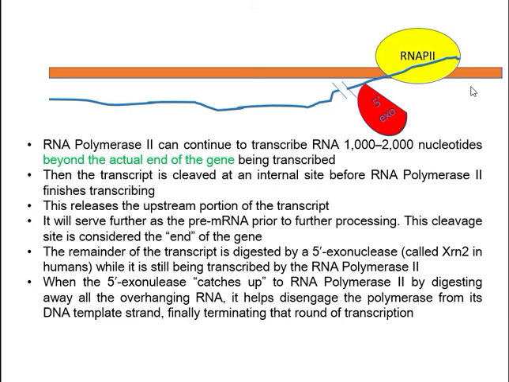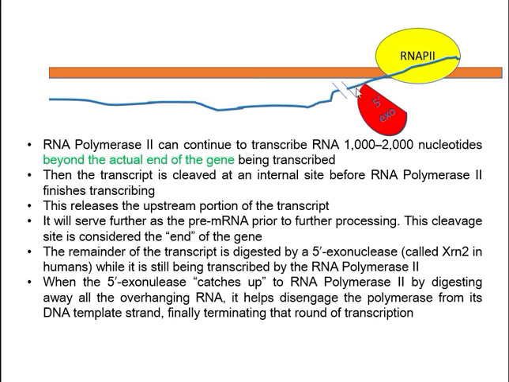Suppose this is the actual end site. In prokaryotes, the transcription process will end right here. Whereas in eukaryotes, where transcription is mediated by RNA polymerase II, the RNA polymerase II will continue transcription around 1000 to 2000 nucleotides beyond the actual end of the gene.